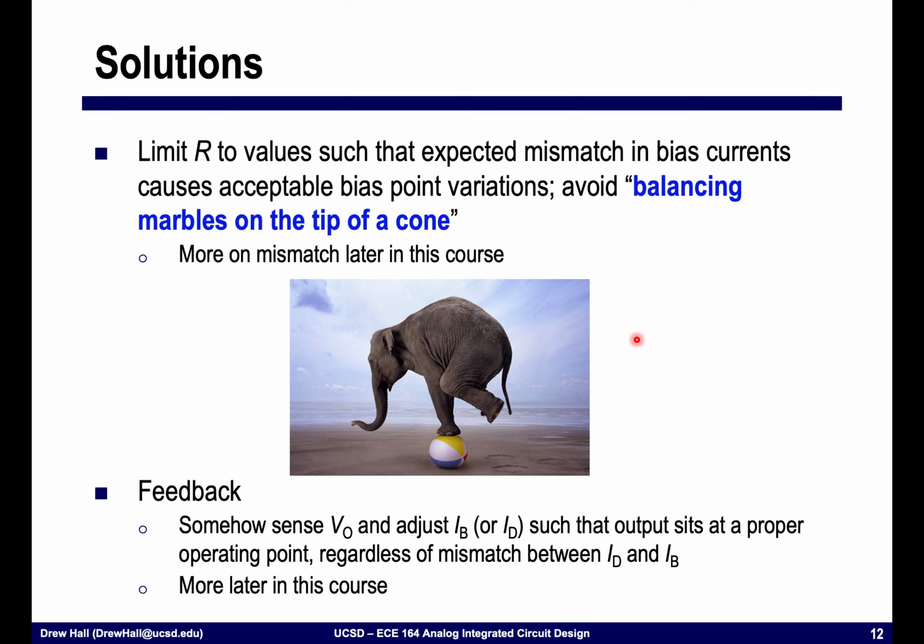We could apply the same concept here, and that is that if I had a way to monitor the output voltage and feed back or adjust the bias current, I could move the operating point up or down to make sure that it always intersected those curves. We'll talk about feedback a little bit later on in this course as well.